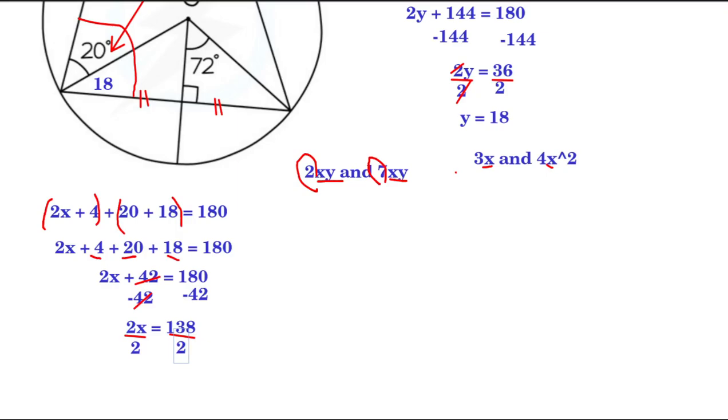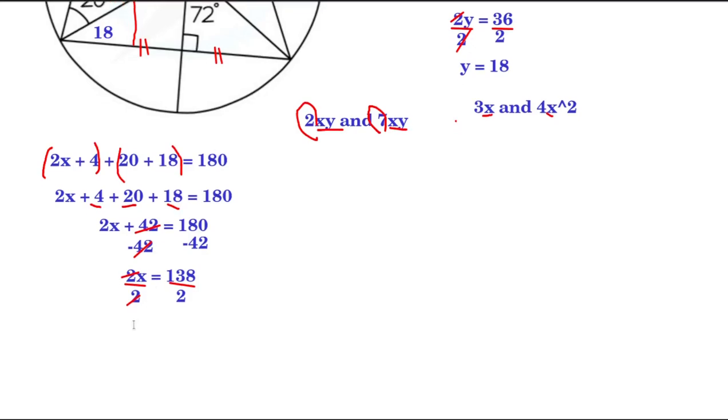Then on your left, the 2s are going to be cancelled out, and you will be left with only x, which is equal to 138 over 2.